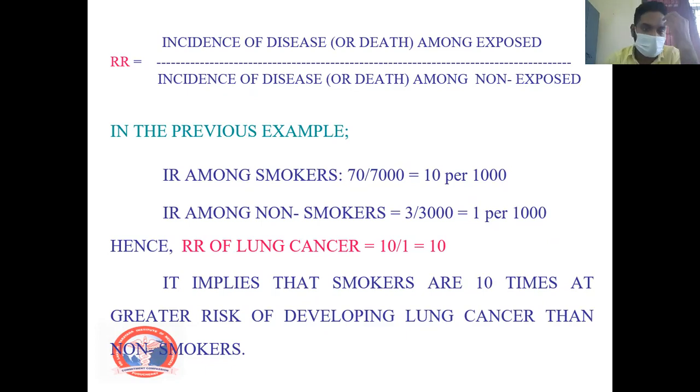Hence, relative risk of lung cancer is 10 divided by 1 is equal to 10. It implies that smokers are 10 times at greater risk of developing lung cancer than non-smokers. So what is the interpretation of relative risk? It's just like an odds ratio. Am I clear? Relative risk.